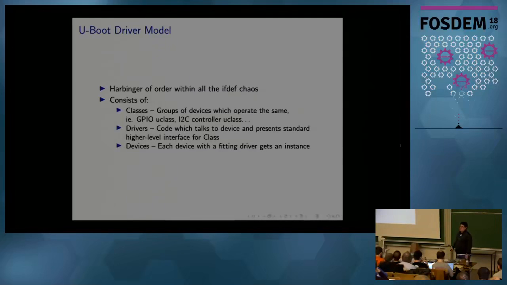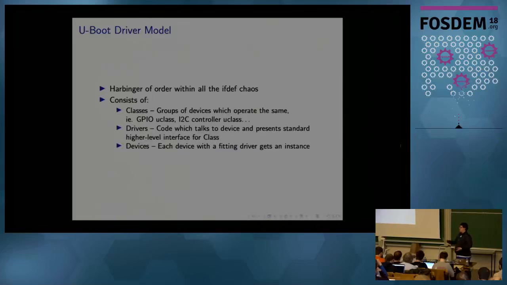Now, the driver model is kind of similar to Linux, but not so much because we have some space constraints and so on. We want to keep it kind of small and simple. There are actually three objects within the driver model. One of them is uclass, the U-Boot class. That one is the API provider for the rest of U-Boot for a specific class of hardware.